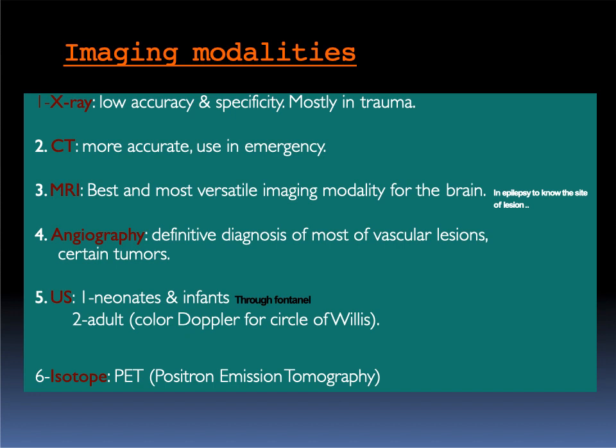The imaging modalities that are available and commonly used, the first one is the X-ray of the brain or the cervical region. The problem of the X-ray is that it is a very low accuracy imaging technique, and it's very non-specific.